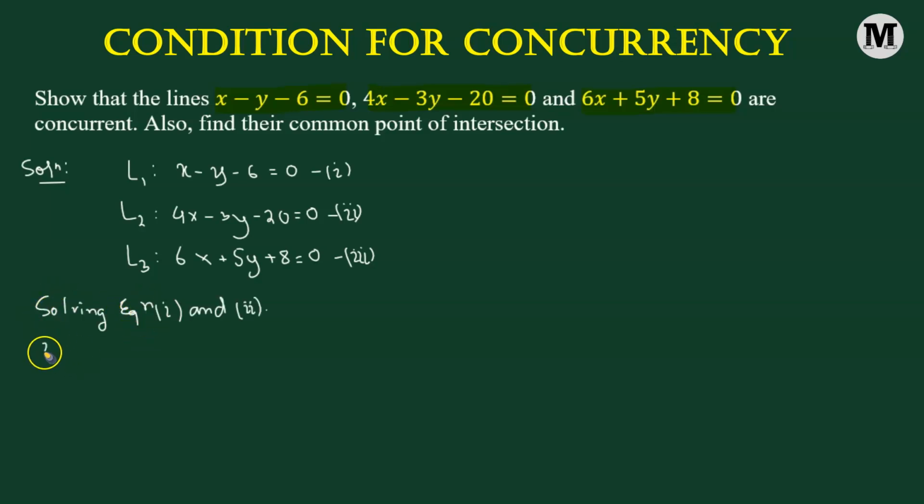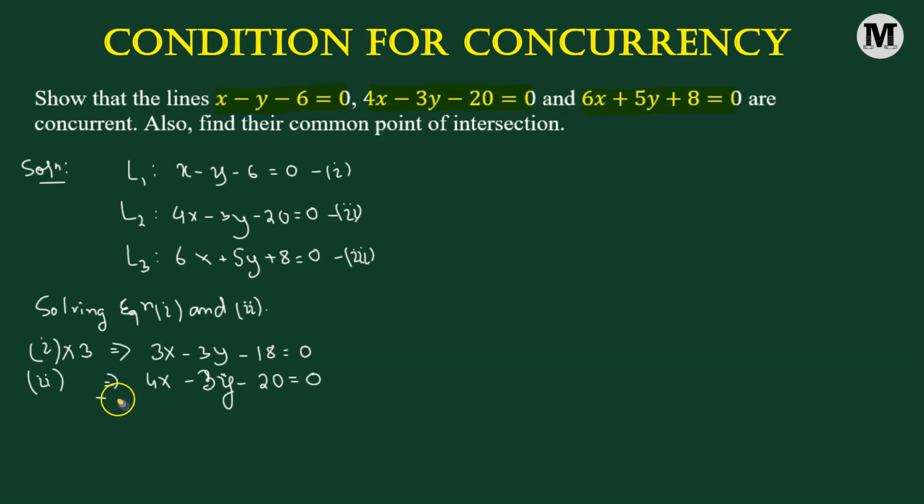So here, we can take equation number 1 and multiply throughout with 3. That means we're going to multiply each term with 3. So that makes it 3x minus 3y minus 18 equals 0. Then we take equation number 2. We're going to keep it as it is. The equation number 2 is 4x minus 3y minus 20 equals 0.